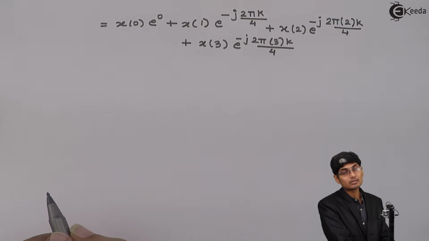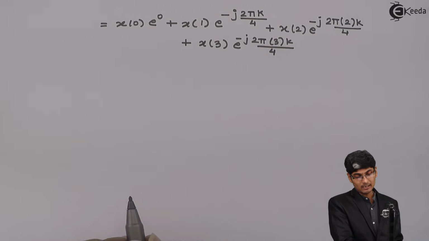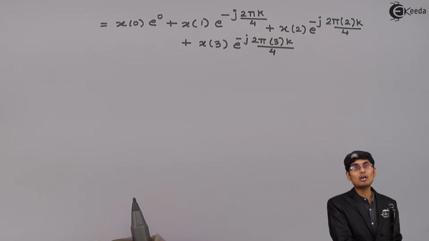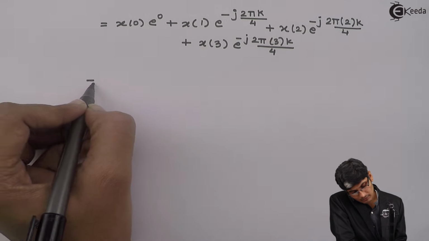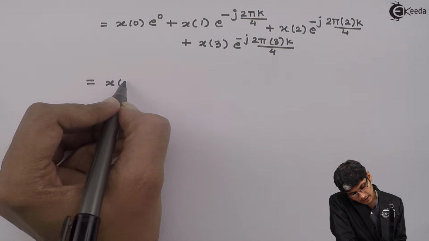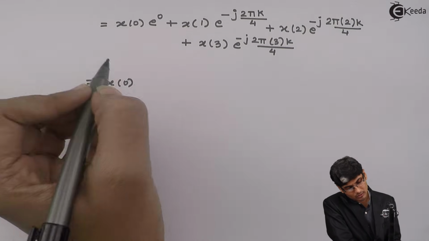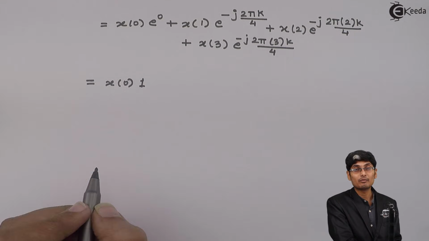So what we have done is, in that formula I have substituted the values of small n and we have elaborated this series. Now if I rewrite it properly, I am going to get x of 0. What is e raised to 0? It is 1. Right?